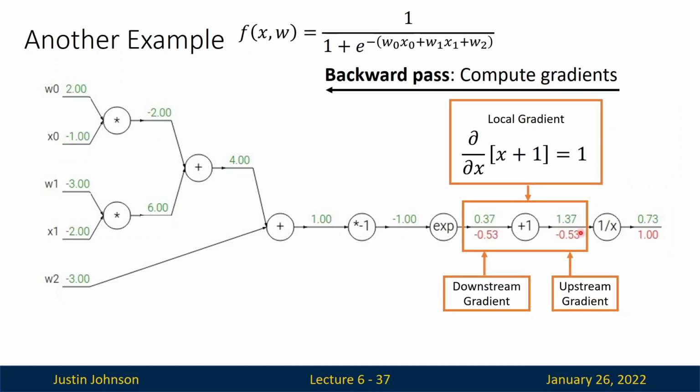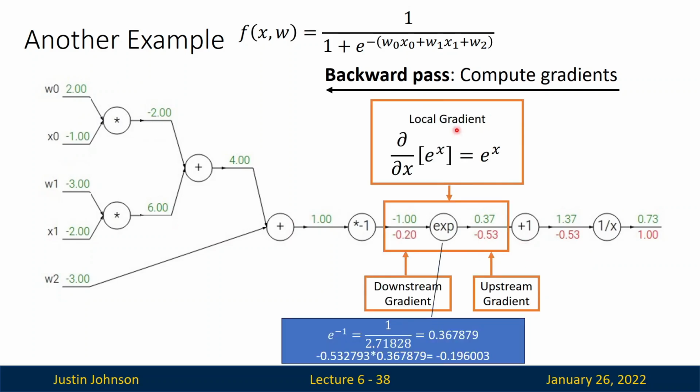Okay, and the local gradient, since this is x plus 1, the derivative of x plus 1 with respect to x is 1. So the local gradient is 1, and the downstream gradient equals its upstream gradient. And this is the exponential function. The exponential gradient is itself, so let's put the value here.